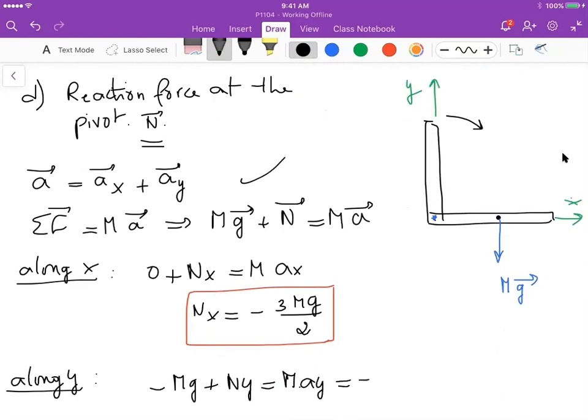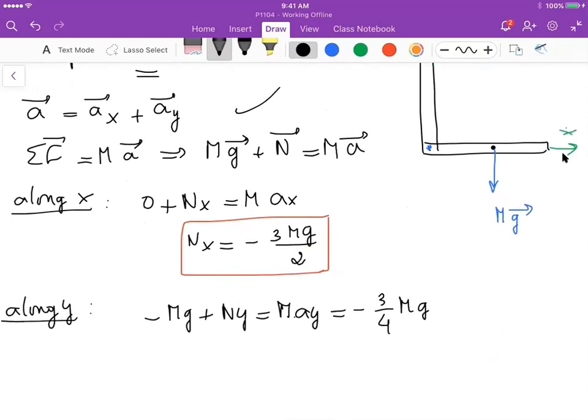So we end up with minus 3 over 4 times m times g. From here we can deduce that ny is equal to minus mg, moving to the other side it becomes plus mg minus 3 over 4 times mg, which gives us 1 over 4 mg. So this is the expression of ny.